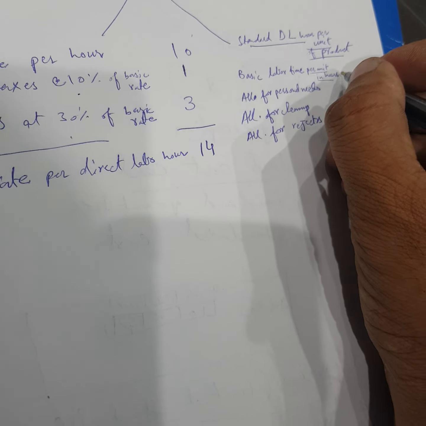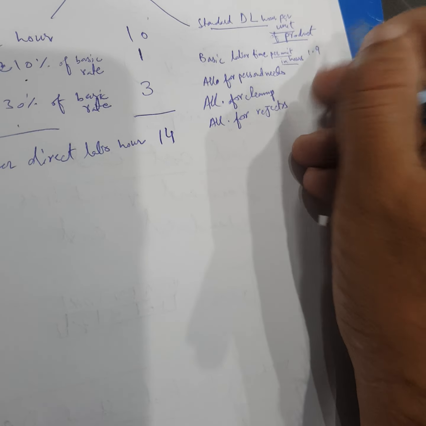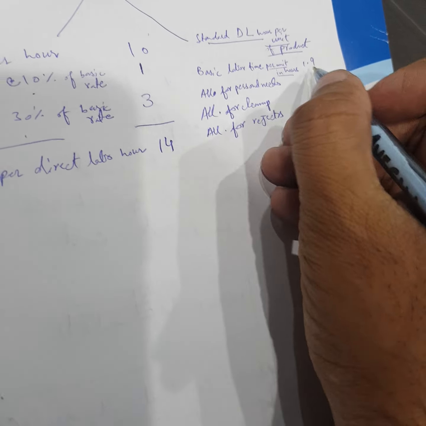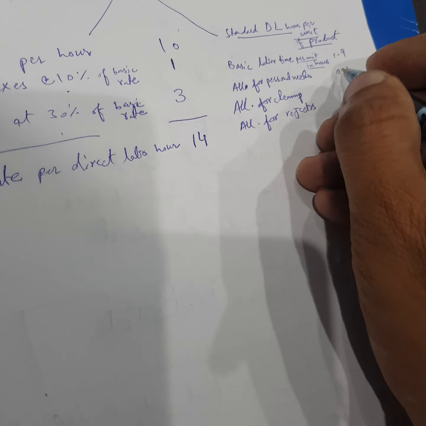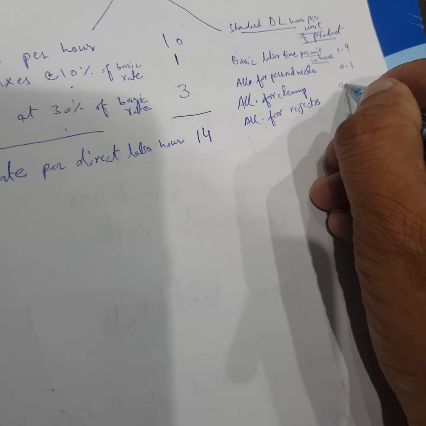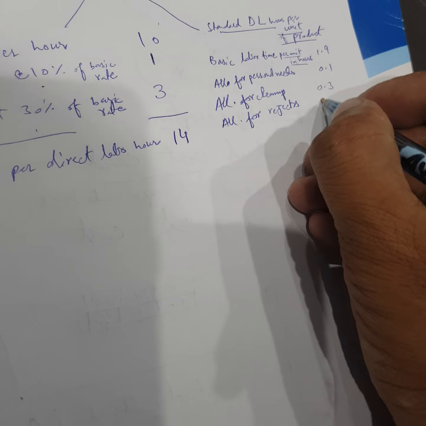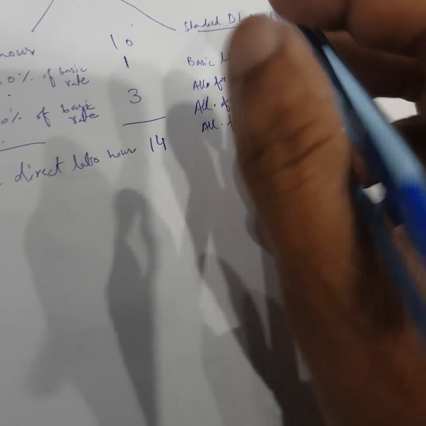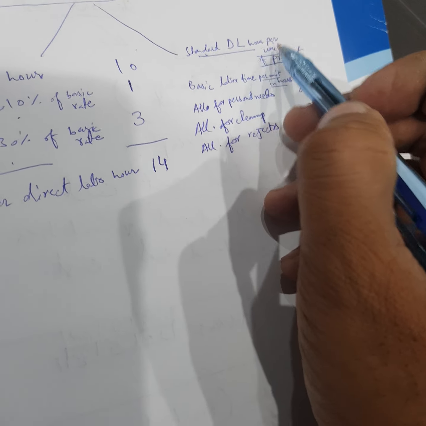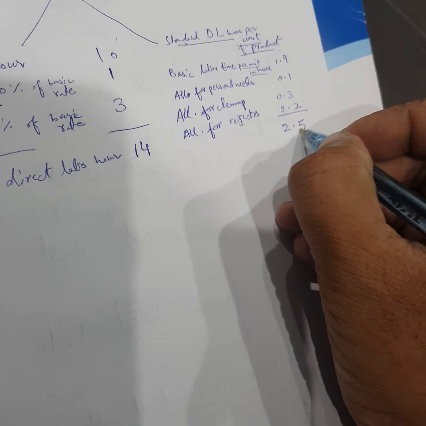If I say the basic labor time per unit is 1.9, allowance for personal need is 0.1, 0.3 is allowance for cleanup, allowance for rejects is 0.2, our total standard direct labor hour per unit of product is 2.5.